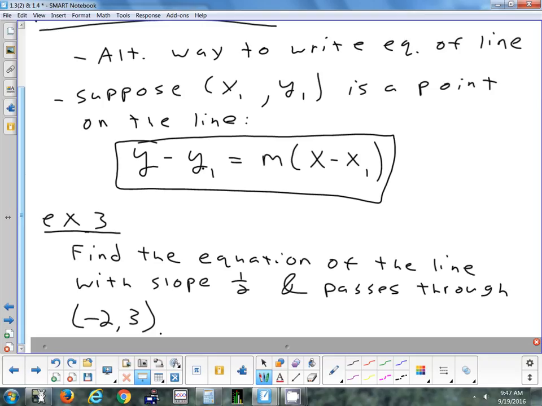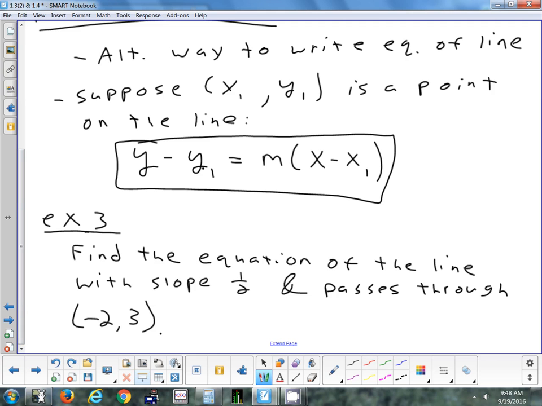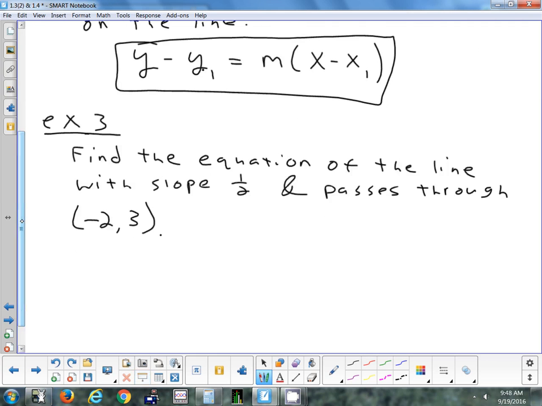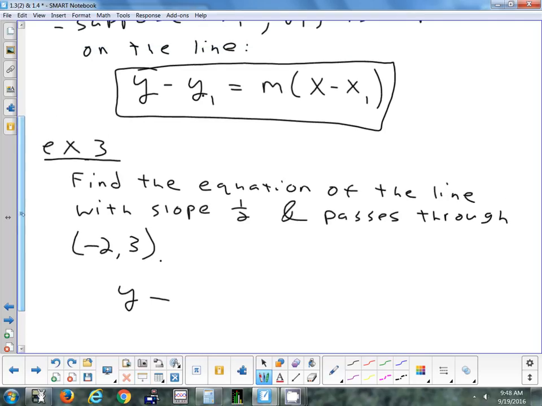Okay, what I'm using right now, you don't have to. You can go back and use y equals mx plus b. But the problem is I don't know b. So I'm going to have to find it. This way, I don't have to find b. I can when I'm done, but I don't have to. Okay? So what would I fill in for y1 in this case? 3. Yep.